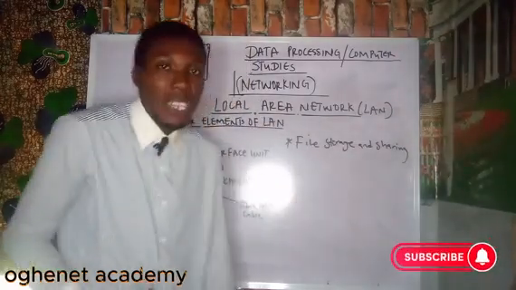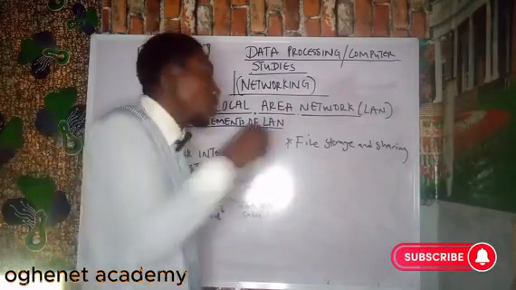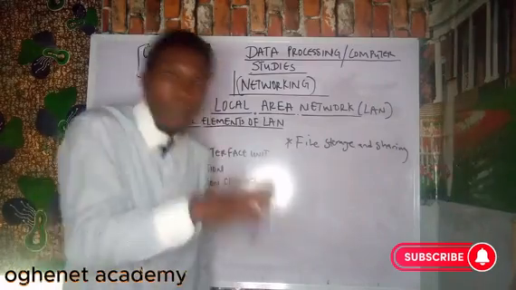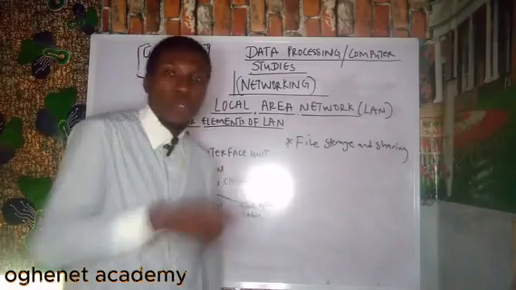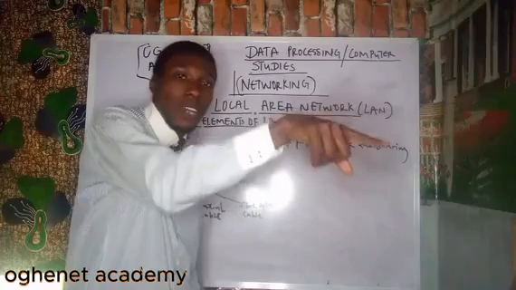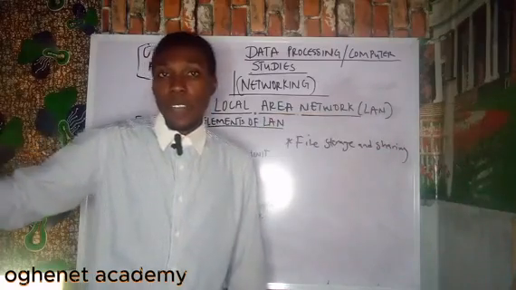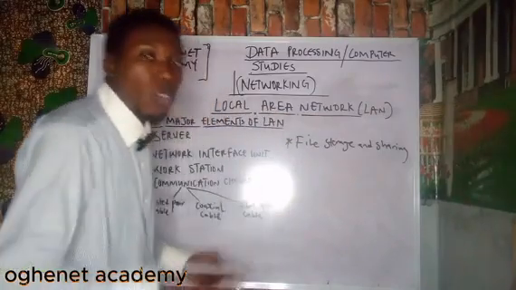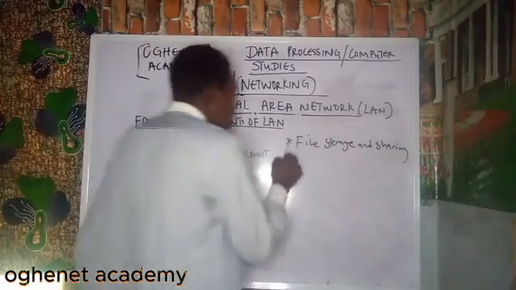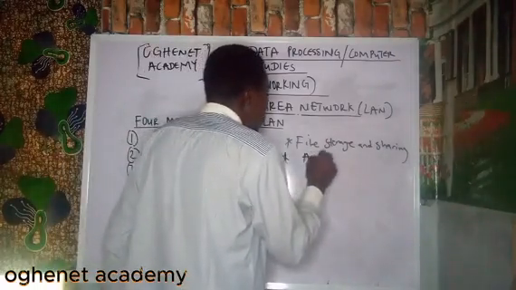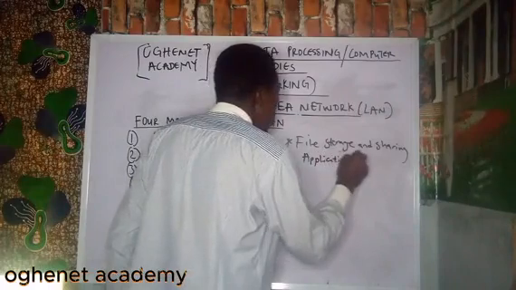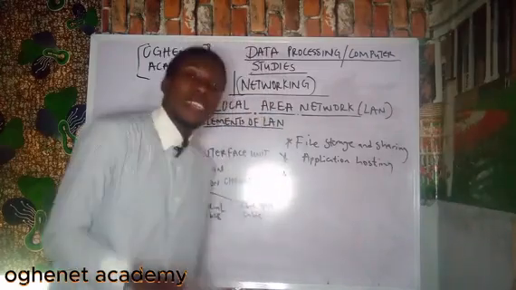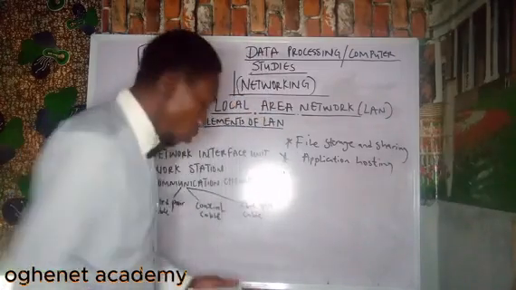So you can see that the different computers connected to the network can actually access the same software. The same software running on this computer, running on that computer, running on another computer, all of them connected to a single server. So we have application hosting. Another thing that the server provides is what?